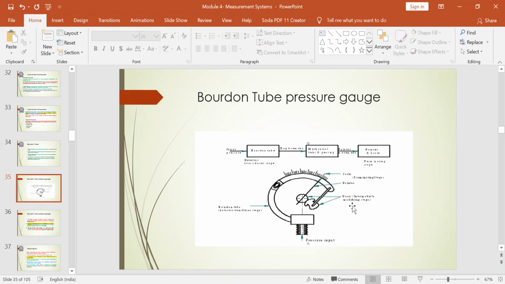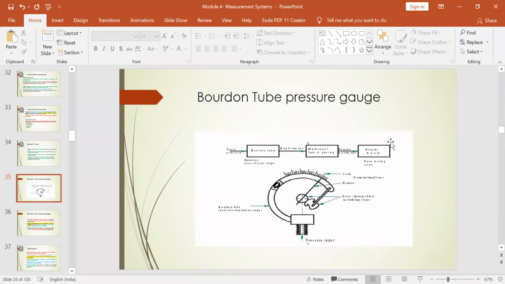So we have a gear, which is an intermediate modifying stage. This is a stage 2 transducer, which will convert the movement into the required reading in the third stage. The third stage is the terminating stage, where you will have a pointer and scale which shows the reading.